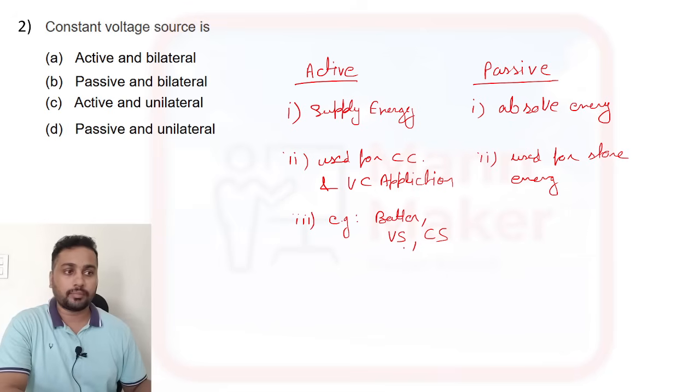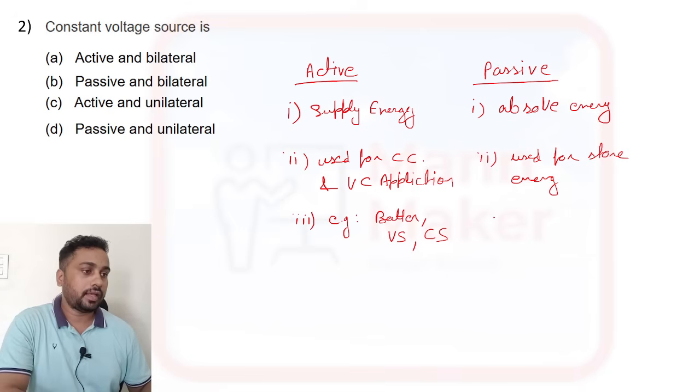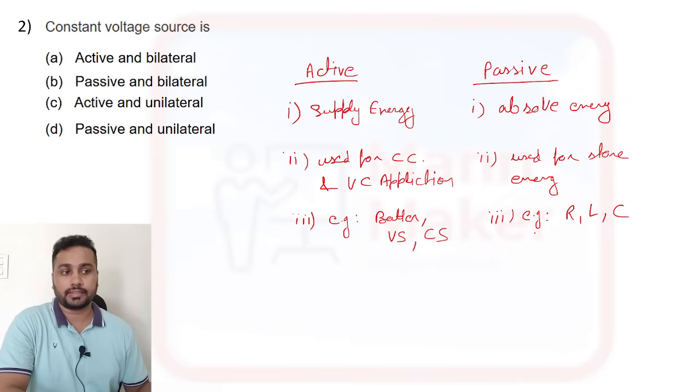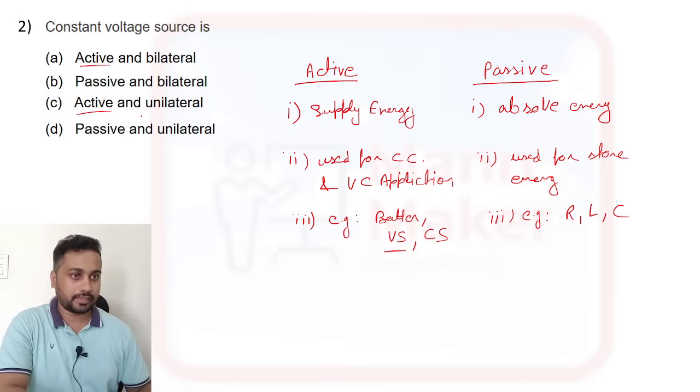For passive elements we have RLC: resistor, inductor and capacitor. Here they have asked about a voltage source, so it is an active element. Till now we know it is an active element.